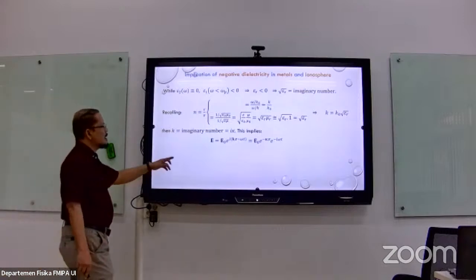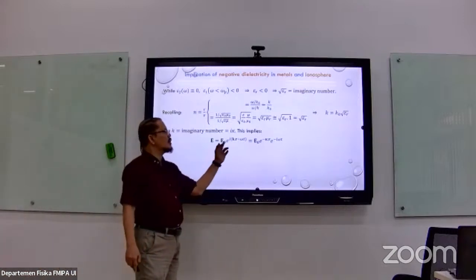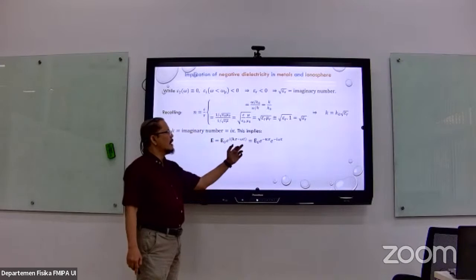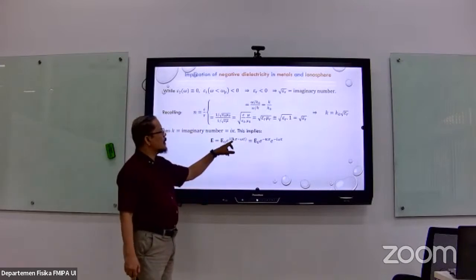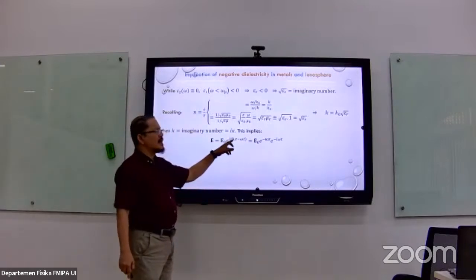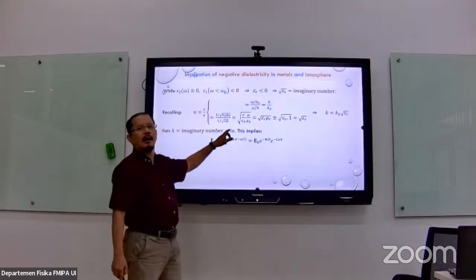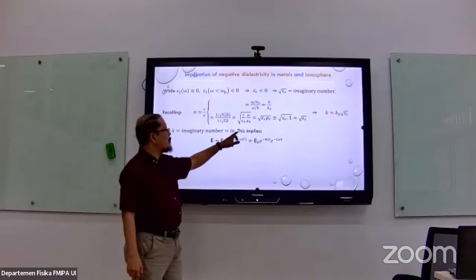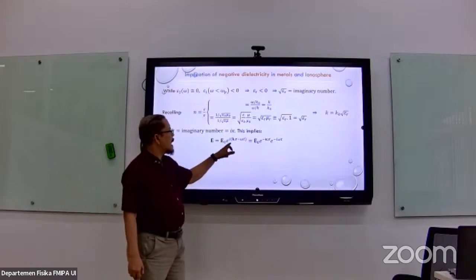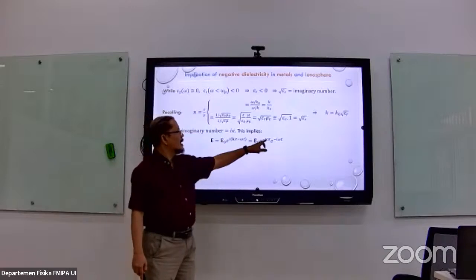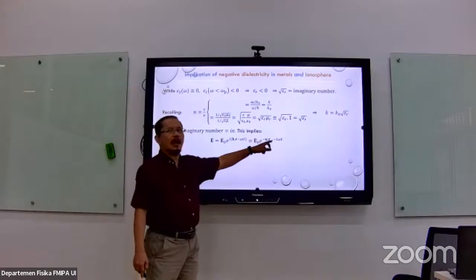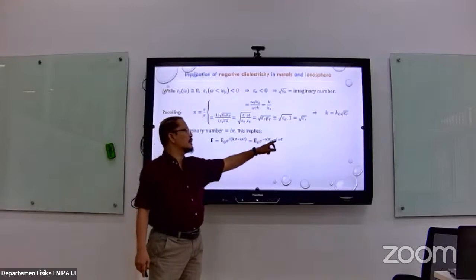So this implies that if we have this solution of the electromagnetic wave, then we replace the K with i kappa. Substitute K with i kappa. Then we will suppress the i that gets multiplied with r, leaving only the i that gets multiplied with t.